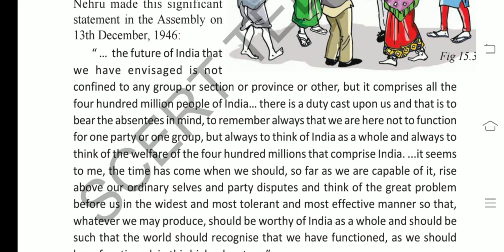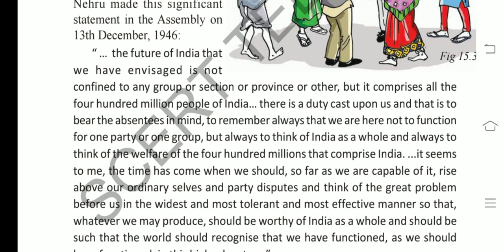Understand? So there is a duty on all the members of the Constituent Assembly to keep in mind that some of the people's representatives are not here, because the representatives elected by people are from only 10 percent of the population who were given the vote, right?